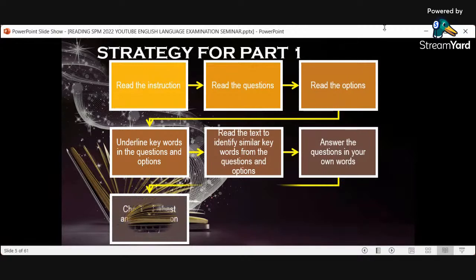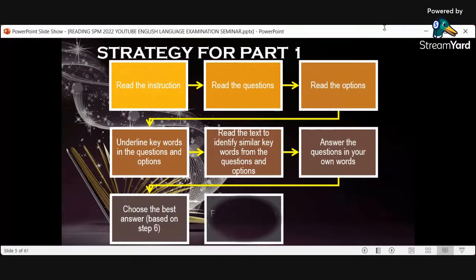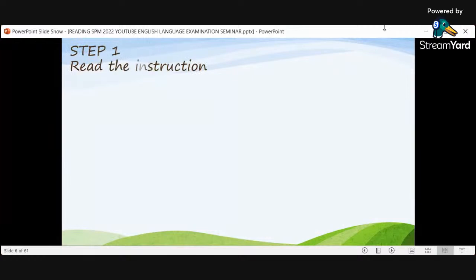Only after that you choose the best answer based on your own answer. You look at the options and see which one is the closest to yours. And then you read again to check and confirm that the answer you have chosen is the correct one. Okay, so let's look at one example.